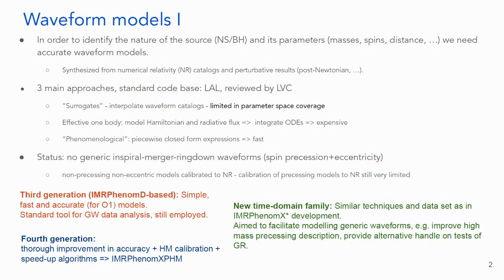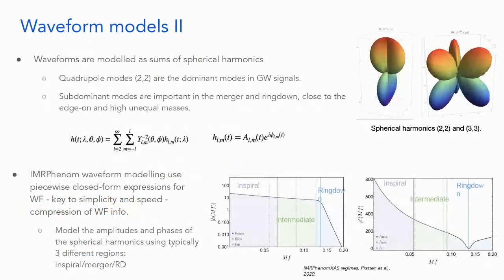The most important is IMRPhenomXPHM, which is built in the frequency domain, but we also have the time domain family, IMRPhenomT, which brings all the techniques for building phenomenological waveform models from the frequency to the time domain, adding also some improvements in the treatment of precession for high masses.